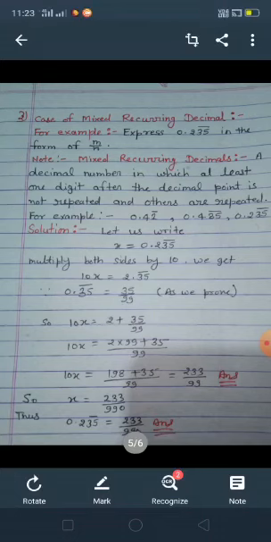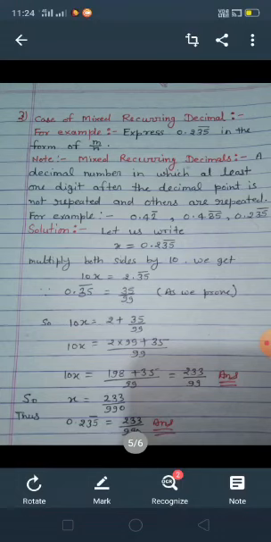So 10x is equal to 2 plus 35 upon 99. Therefore, 10x is equal to 2 into 99 plus 35 upon 99. On solving, 10x is equal to 198 plus 35 upon 99, which is equal to 233 upon 99. This is the value of 10x.